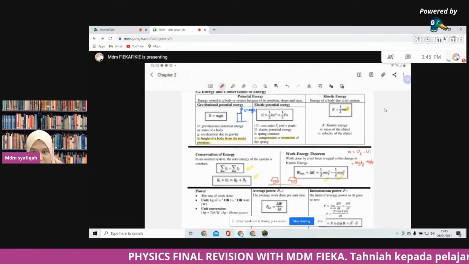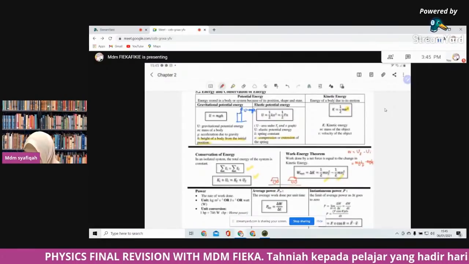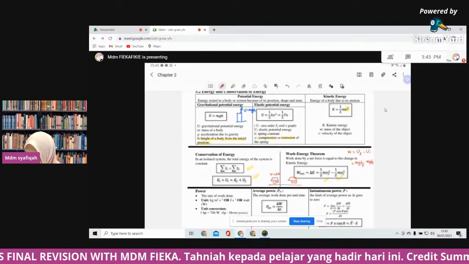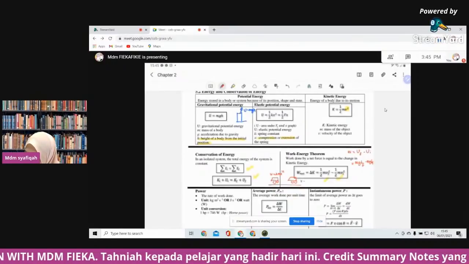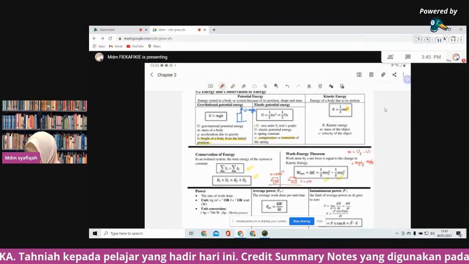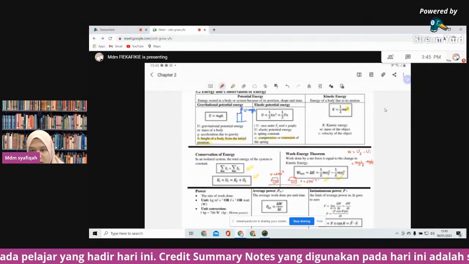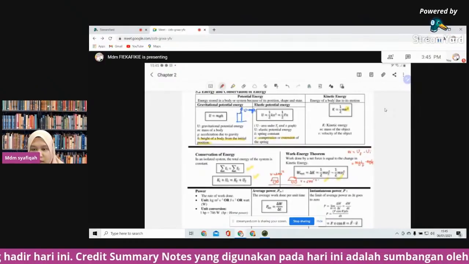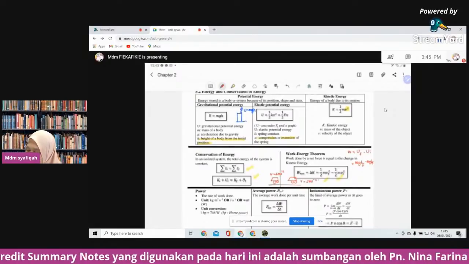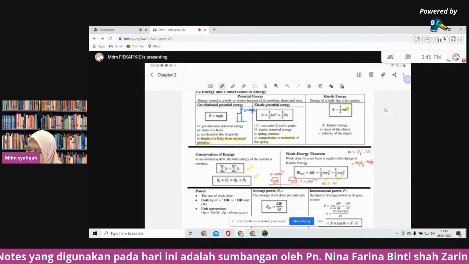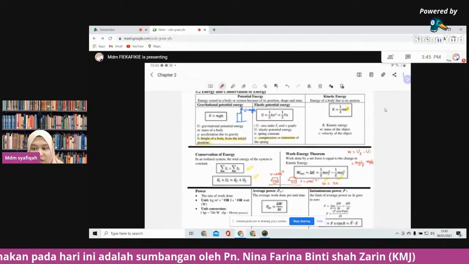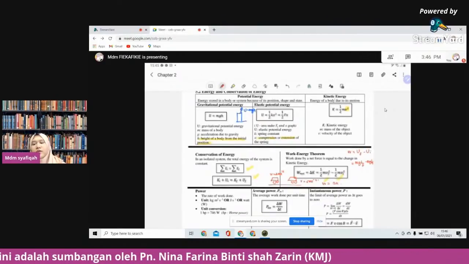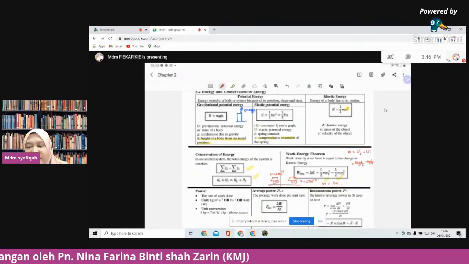So the car is moving to the right with, let's say the initial speed is 2 meter per second squared and V is equal to 5 meter per second squared. Okay, so you want to calculate what is the work done. So W is equal to the change of the kinetic energy, half mv squared final minus half mv squared initial.